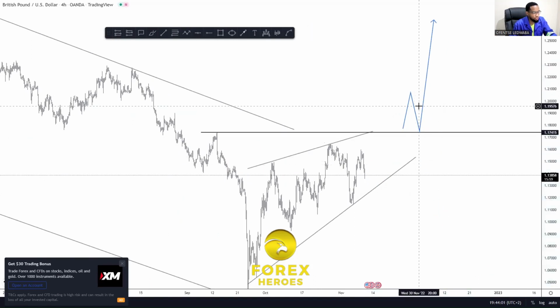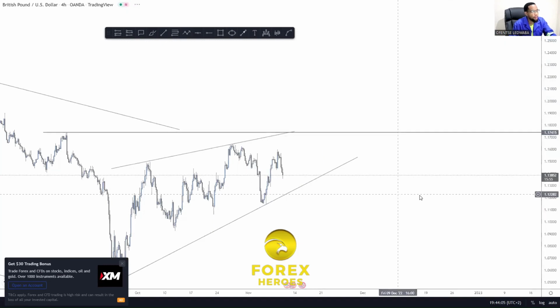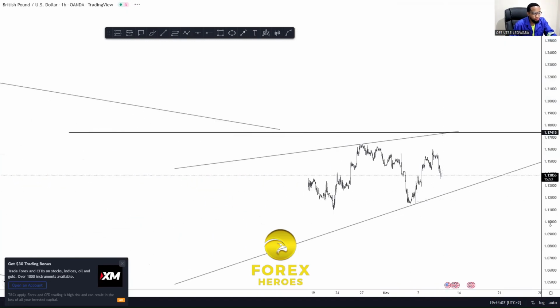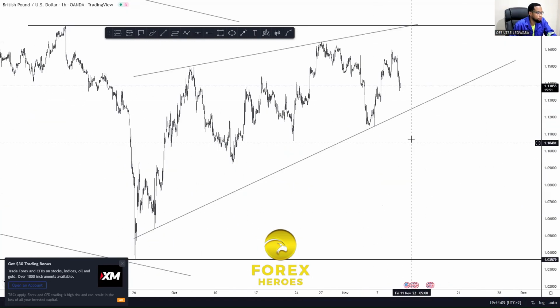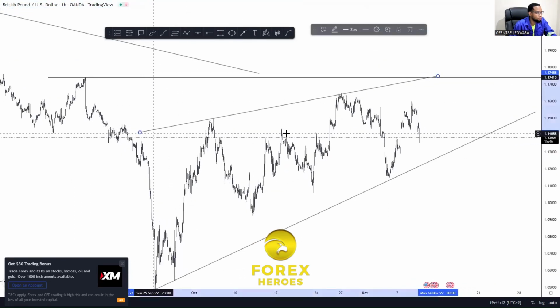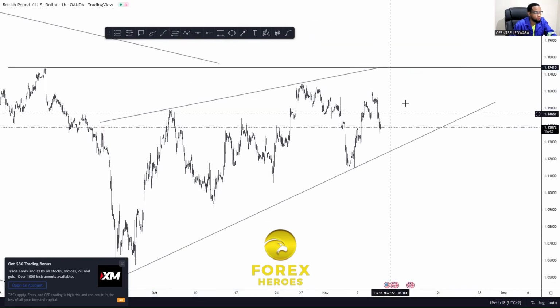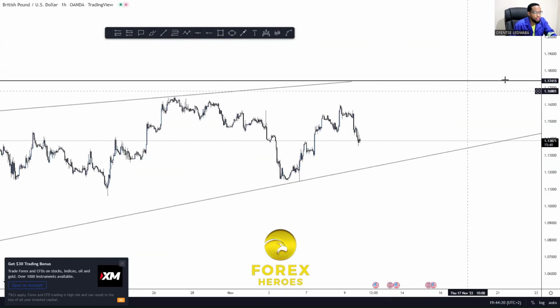So now let's look at what is currently happening. I'm going to 1 hour. The main reason why this started to push to the downside, you can see, is because of this.